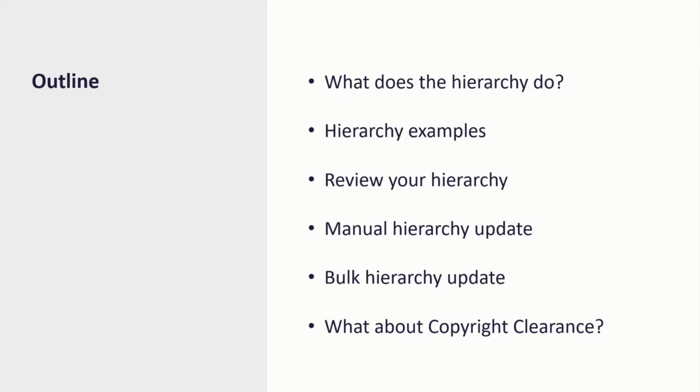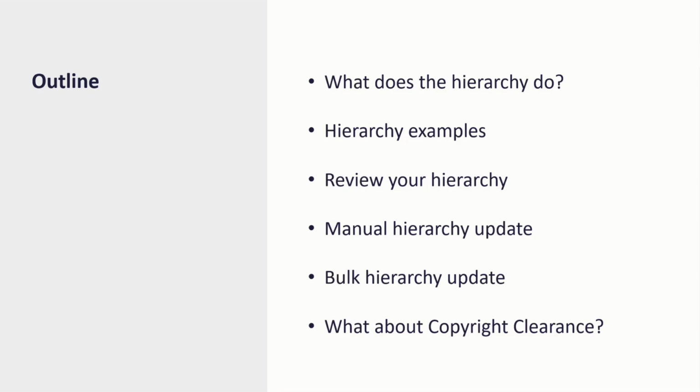So what we'll be talking about today, just to give you a rough outline of the session, we'll focus first of all on what the hierarchy actually is and what it does. We'll provide you with some quick examples of what hierarchy might look like, just to help you visualize it. We will talk about reviewing your hierarchy and how to go about doing that within Talis Aspire. Then we'll chat a little bit about hierarchy updates, so manual and bulk updates.